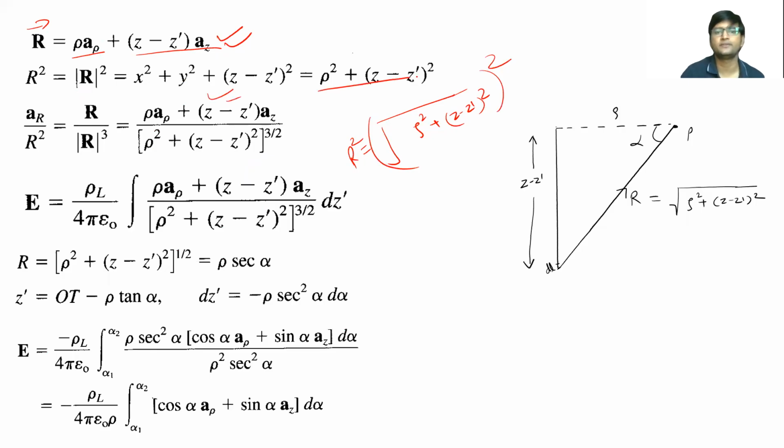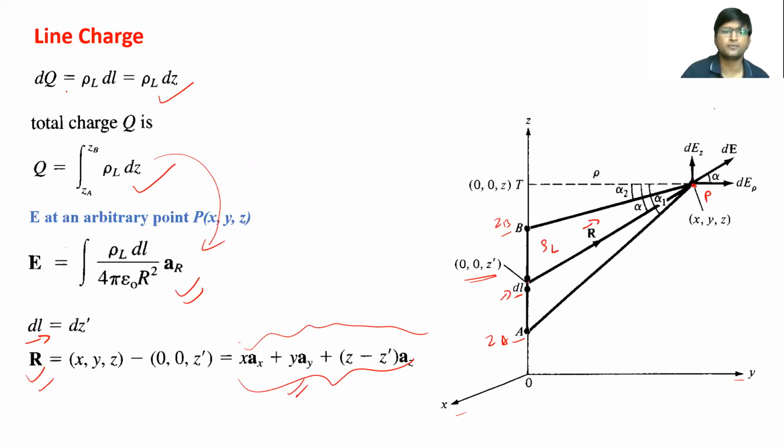Now, if you want to calculate the unit vector aR, and if you want to calculate the whole term in this formula, you have to calculate aR upon R square. As I have discussed in the previous sections, this aR upon R square can also be written as this. What is this aR? aR is the unit vector, right?